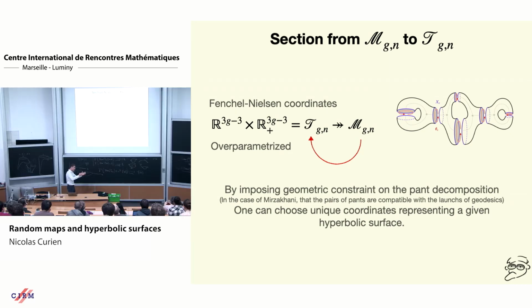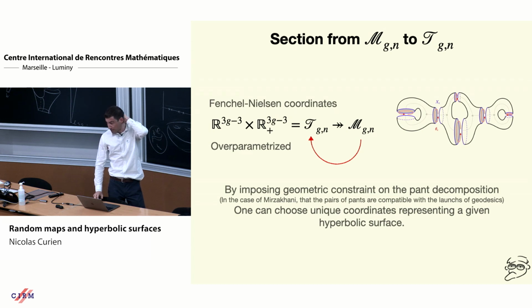So you can see Mirzakhani's recursion as a section. You start from a hyperbolic surface and you build a pants decomposition that has a particularity, which is that the pairs of pants are compatible with the lengths that you have. Lengths of geodesics, whatever. And so, okay, this is a way to go back and to get unique coordinates for a given hyperbolic surface. Questions?